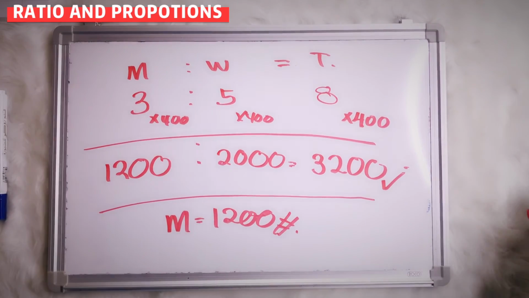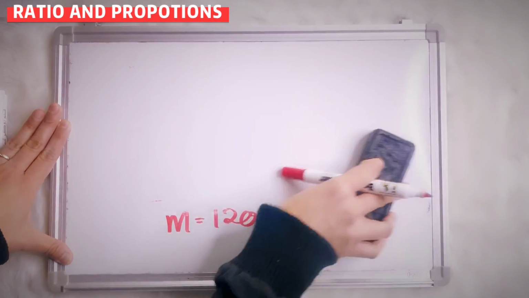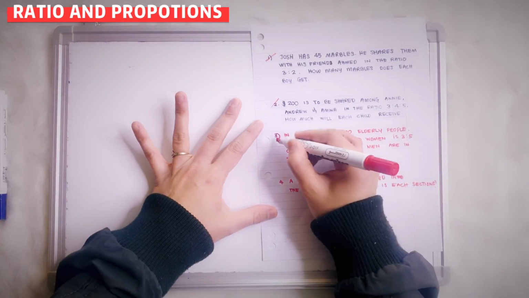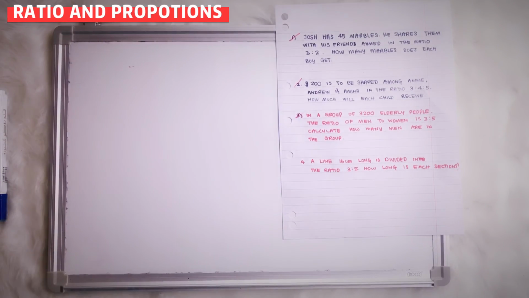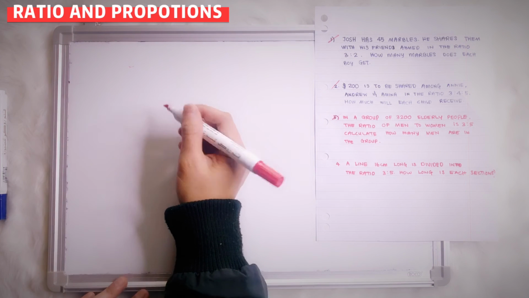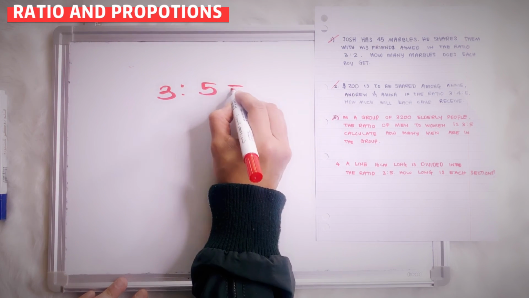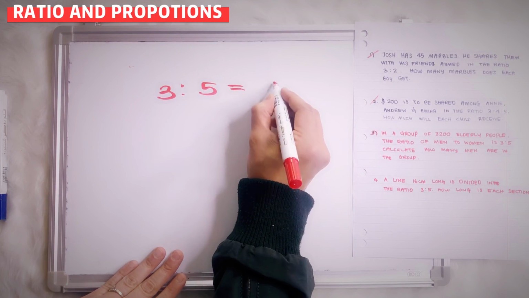Easy? All right. Last question. A line 16 centimeter long is divided in the ratio 3:5. So you put here 3 and 5. 3 plus 5 equals 8.